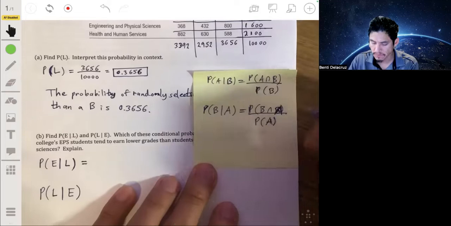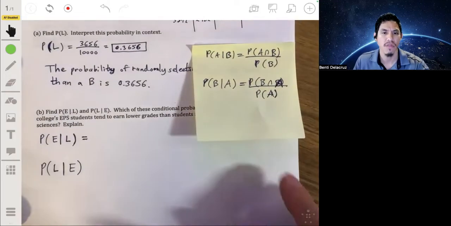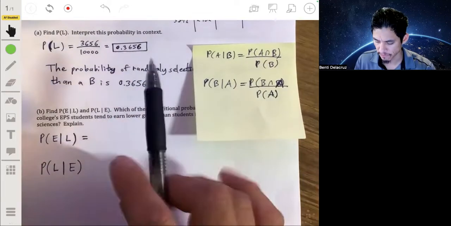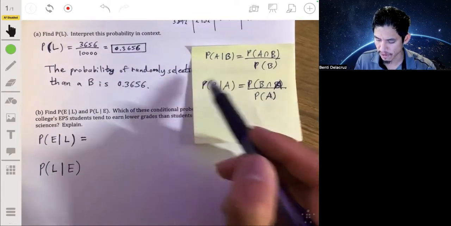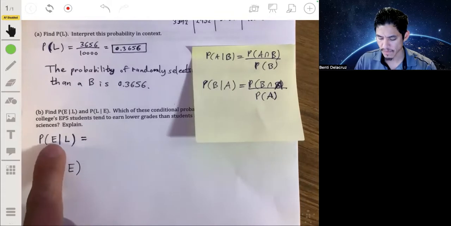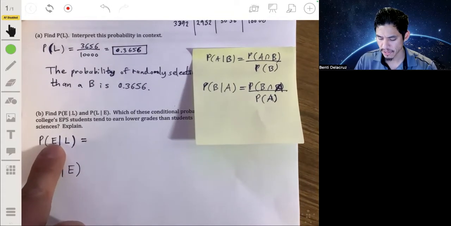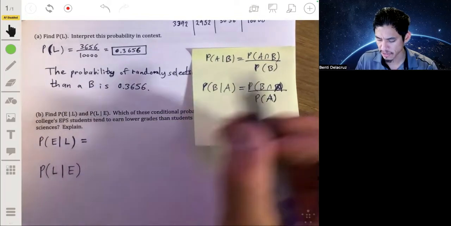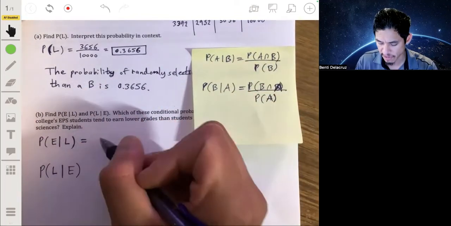Okay, now, when you're first learning, it can be a little confusing, especially if you're paranoid about using the formula. Just match the correct letters, E and L, A and B. Remember, the top is the probability of them both occurring.